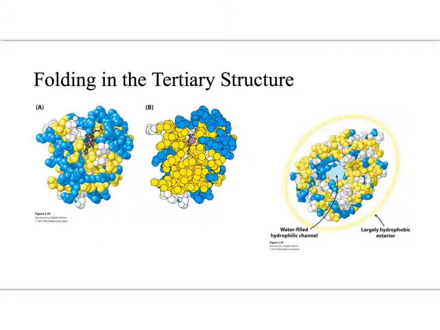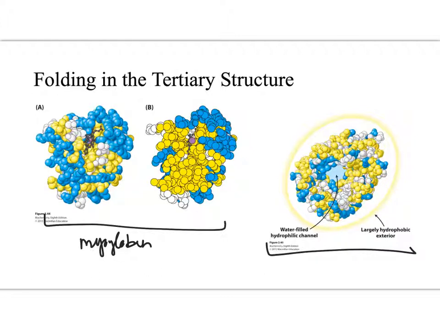So here what we're looking at is the structure on the left here. This is myoglobin. The structure on the right, we're looking at a porin. This is just to show us different types of proteins, and both of these are globular proteins. Globular, they're kind of in the shape of a glob. So the folding in these, usually what happens is we have the residues coming together based on their properties.